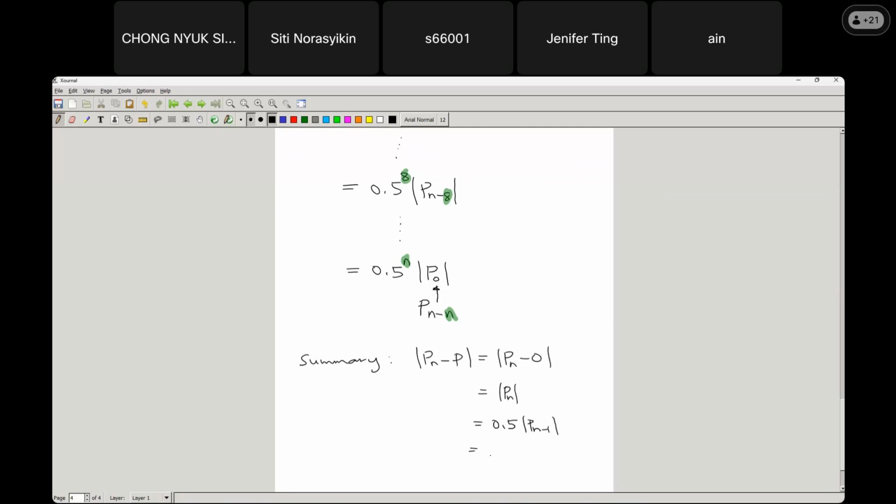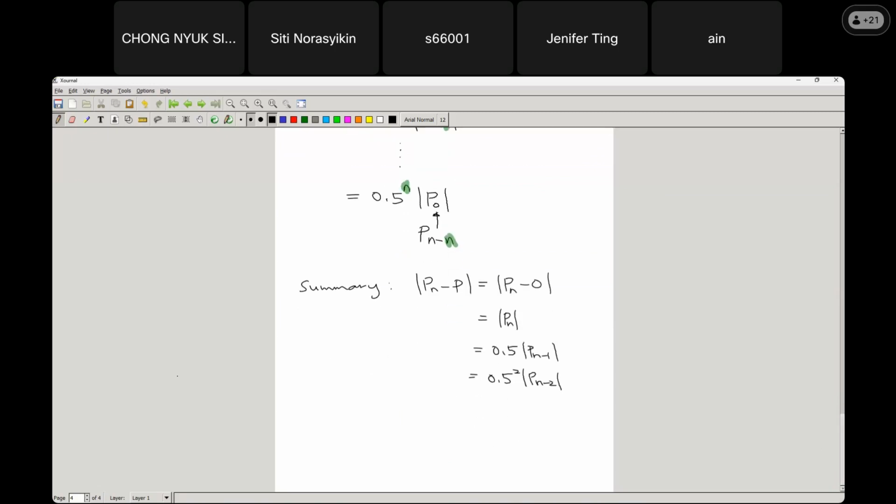And next, we know that you have 0.5 squared, that is your Pn minus 2. And next, if I have n minus 3, I have 0.5 cubed Pn minus 3. And you go dot, dot, dot, at the end, this is equivalent to 0.5 to the power of n, this is P0.